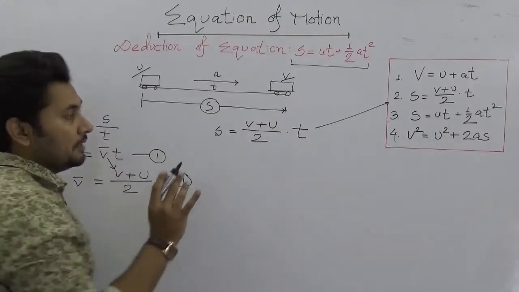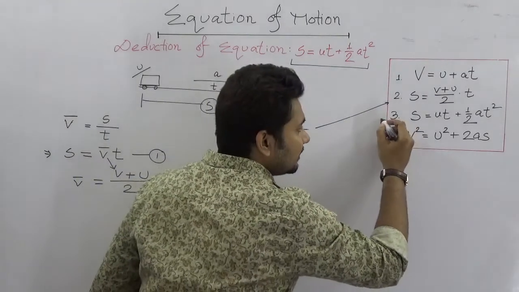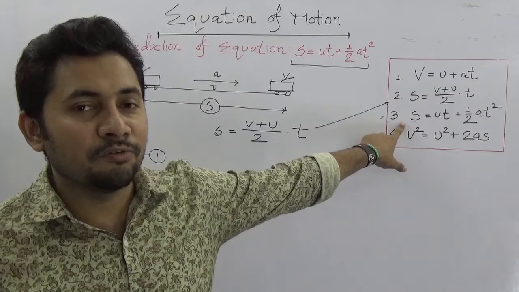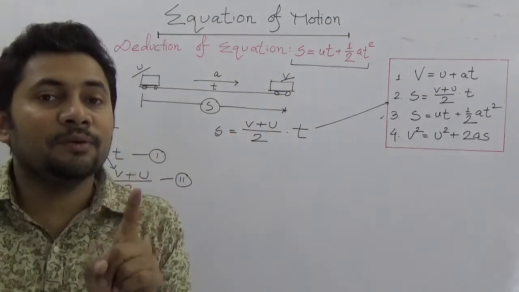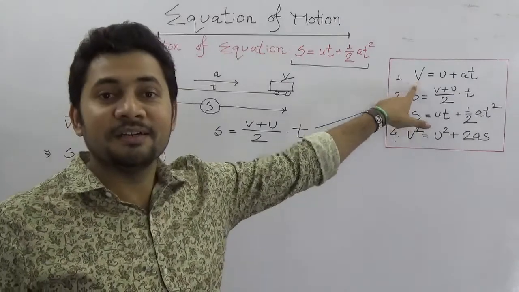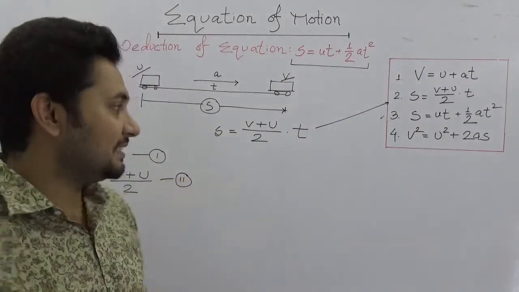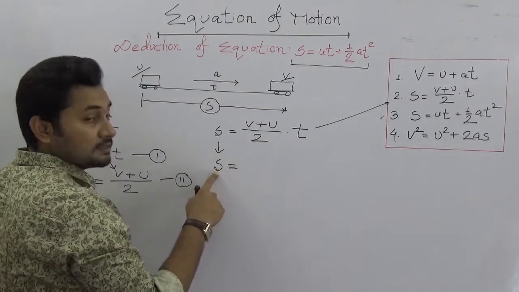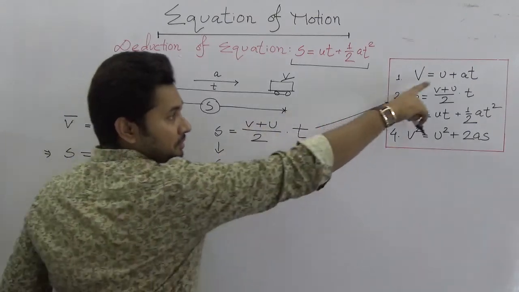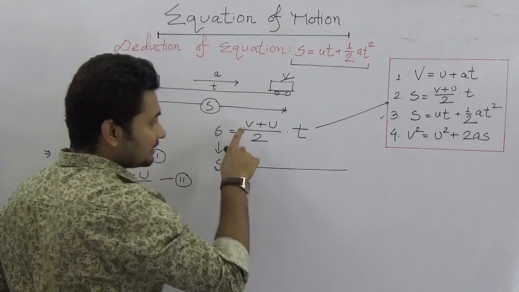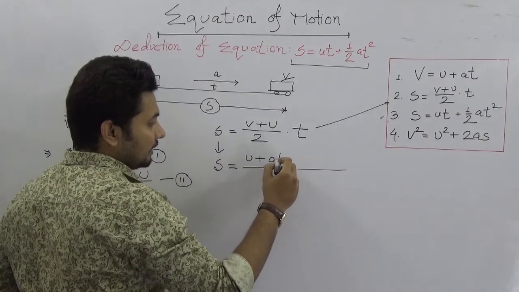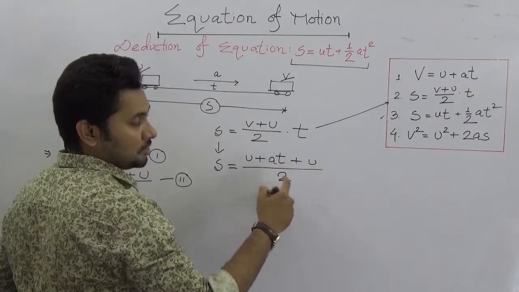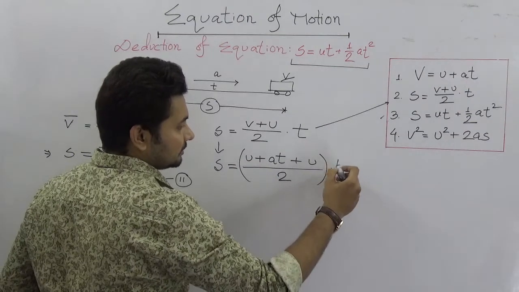Now, in the third equation, what is absent? We see that in the third equation there is no final velocity. We have the first equation, v equal to u plus at. In this equation for S, if we replace v with u plus at, we can write S equals u plus at plus u over 2, into t.